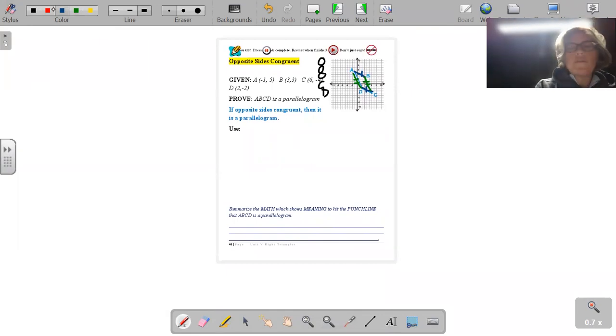So you would have here the distance of AB. Let's set the template up.